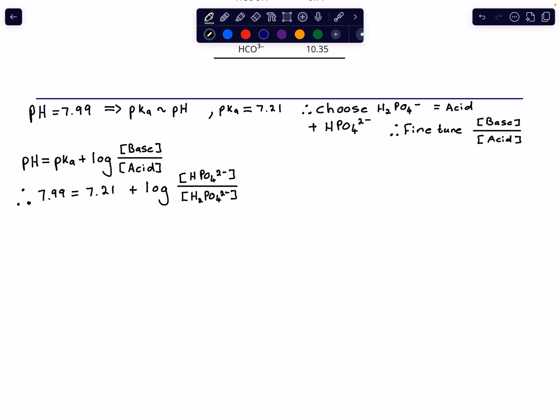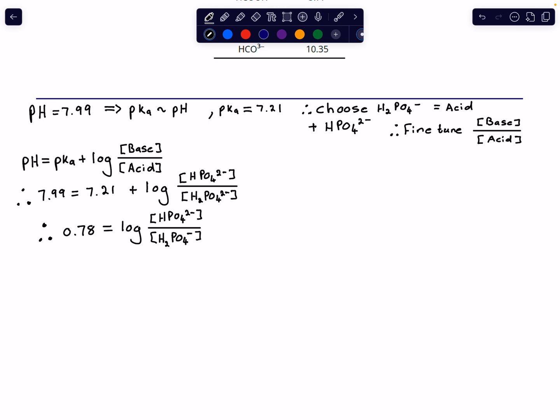So if we solve this, 0.78 is equal to log of the concentration of HPO4 2 minus divided by H2PO4 minus.